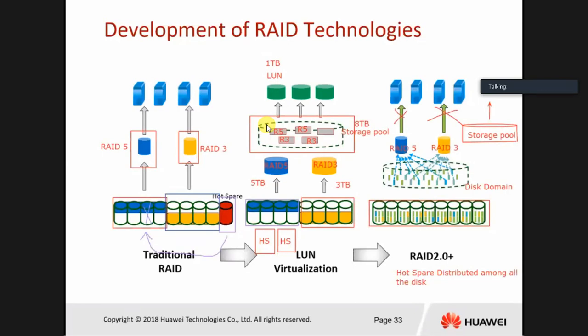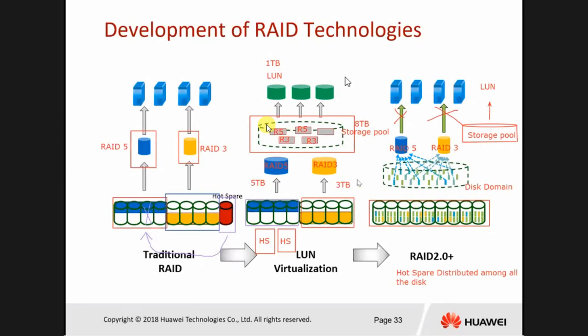In this other example you gave us in virtualization, we can see that the blue disks were given 5 terabytes and 3 disks, and the yellow disks were given 3 terabytes, to form the RAID 5 and RAID 3. Obviously they are not of the same size, but they were all able to go into the pool of a total of 6 terabytes.